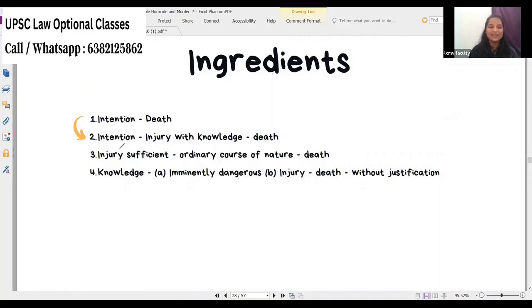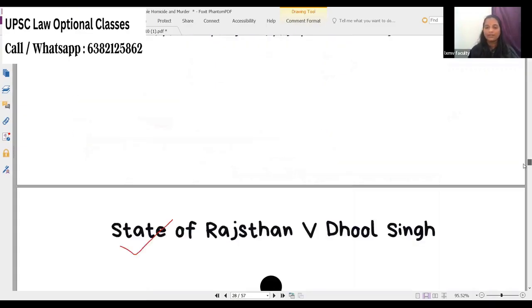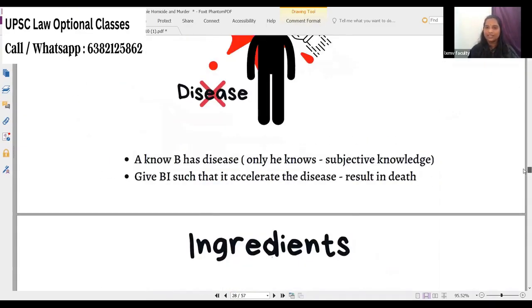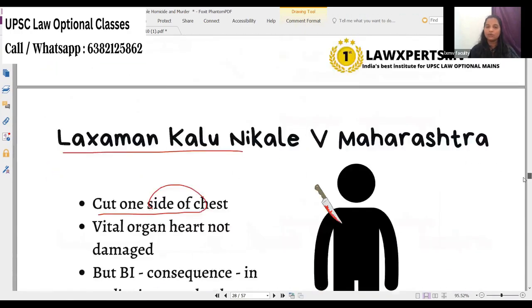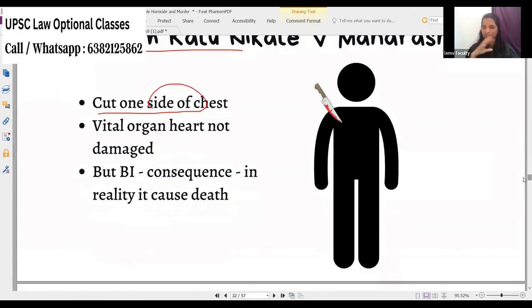See, clause 2 says you have an intention of creating an injury and you have a knowledge that it will cause death. But you see, specifically you read clause 3 too. It says that you make an injury which is sufficient in ordinary course to cause death. Here, no particular knowledge is needed. In the ordinary course, if you give a very deep wound on the chest anywhere, it is going to cause death.